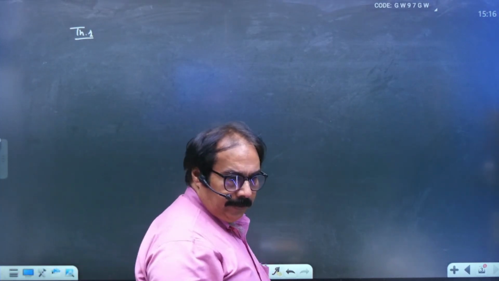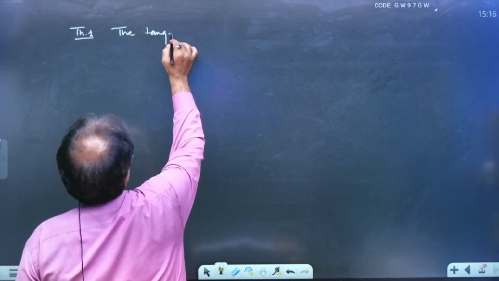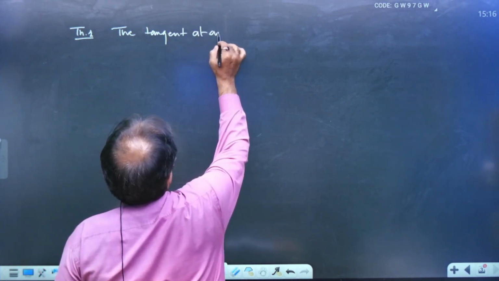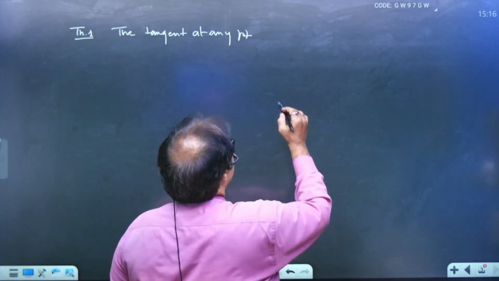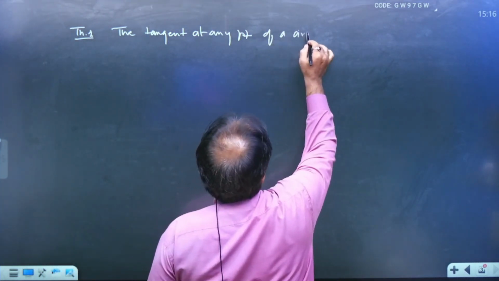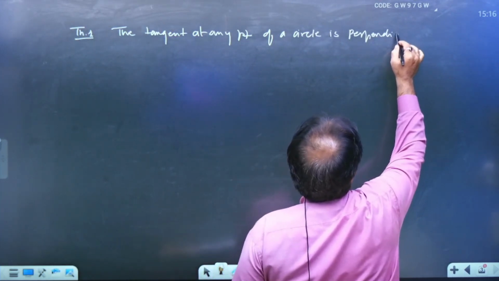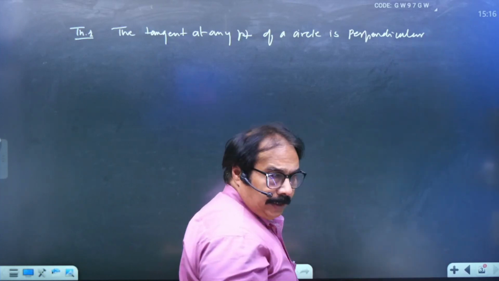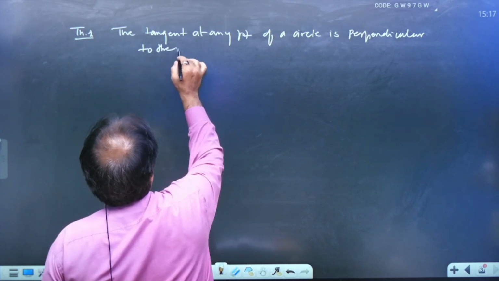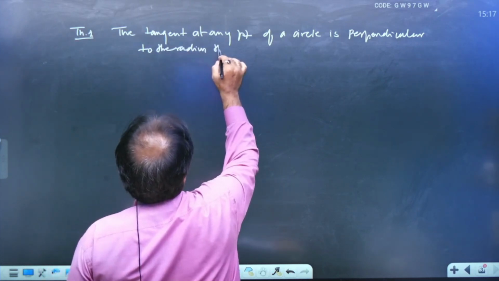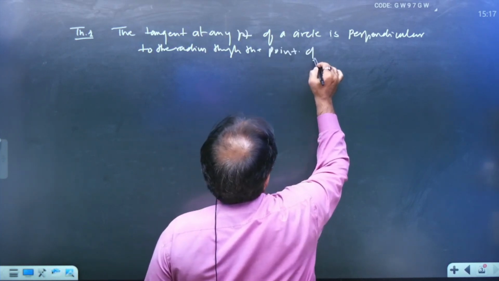The statement of the theorem is: the tangent at any point of a circle is perpendicular to the radius through the point of contact.